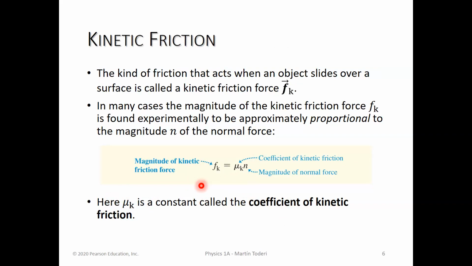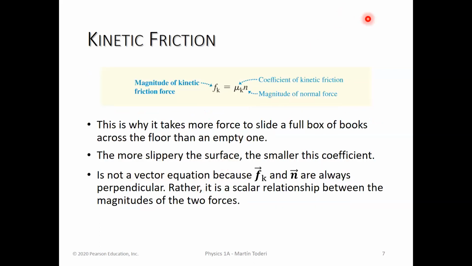is a property which arises from the type of materials you're dealing with. If you have two materials in contact with each other, then you'll have a specific mu k. So that's determined by the nature of your surfaces. Let's keep defining this.